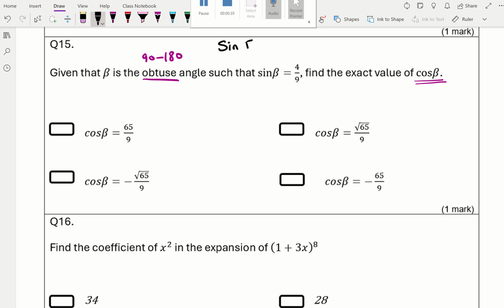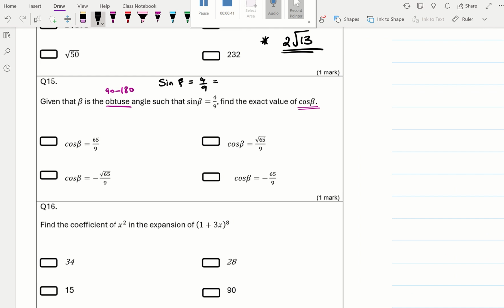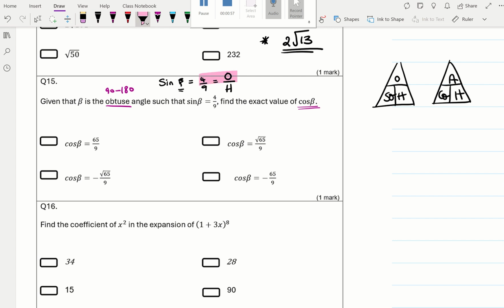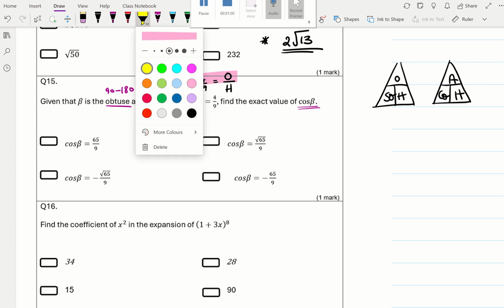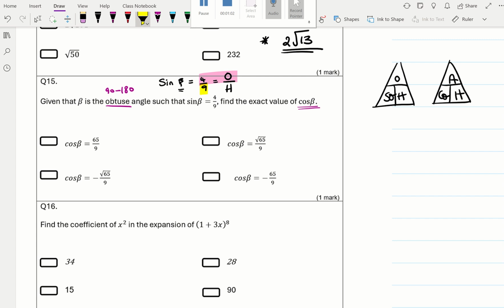Sine beta is 4/9, and if you think of your trig triangles, it's SOH CAH TOA. So sine beta is the opposite over the hypotenuse, which means 4 is the opposite and 9 is the hypotenuse.